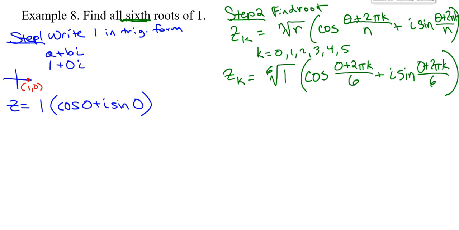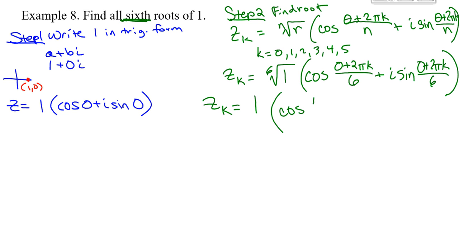Maybe I'll clean this up a little bit before I start doing my 6 versions of that. Once you figure this out, it's the 6th root of 1, so it's just 1, right? It's the whatever root of some number, and it's always going to be the same, correct? So in this case, that 1 is not going to change. Now look at this. Since that's 0, it's going to be 2 pi k over 6. Can you reduce the 2 over 6? Yes, so it's going to be pi over 3 times k, or pi k over 3.